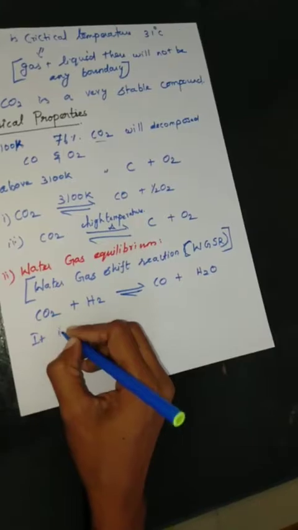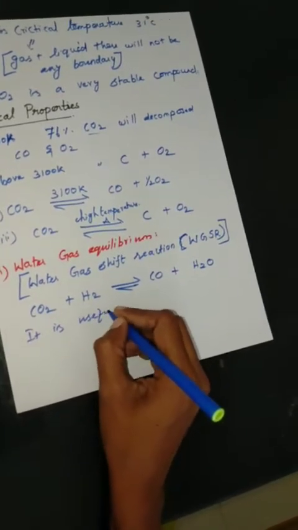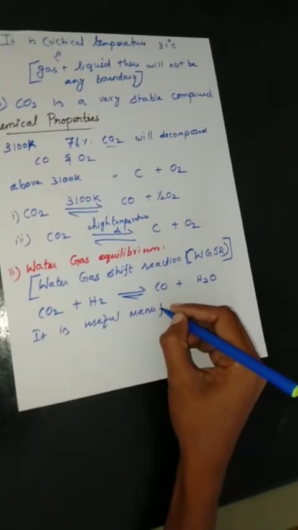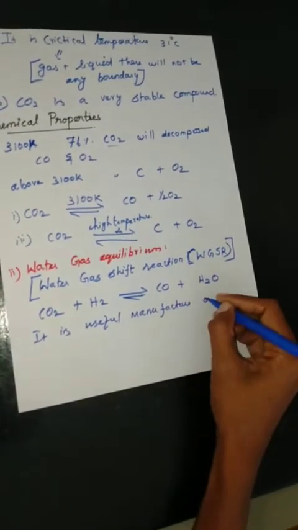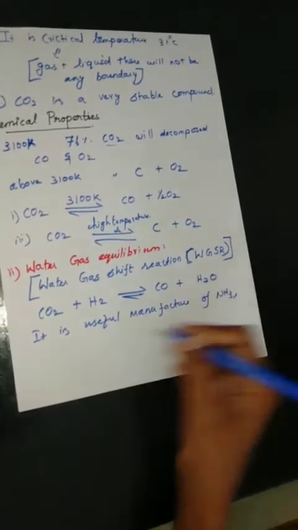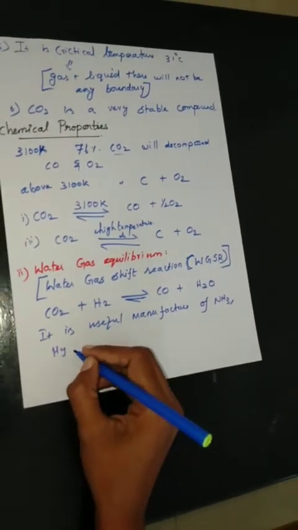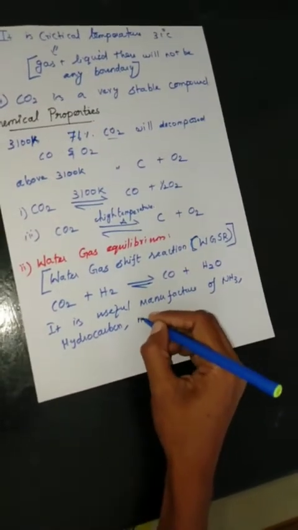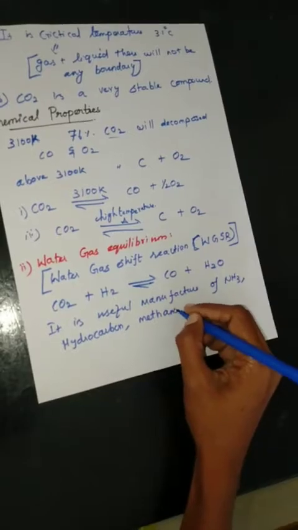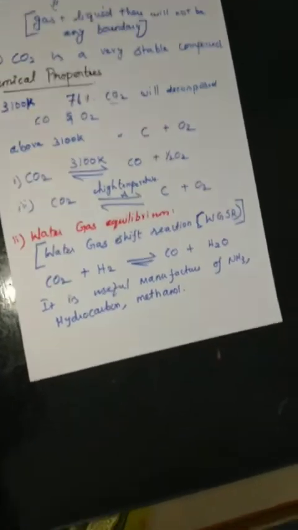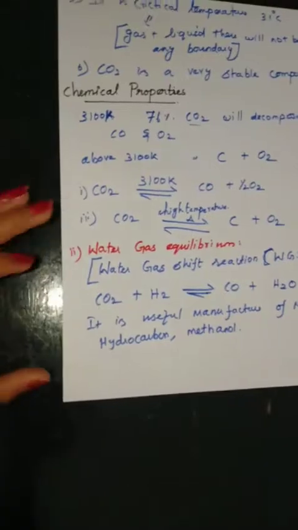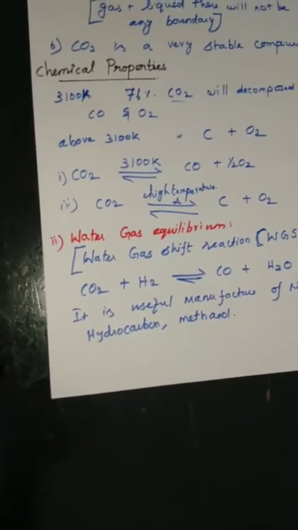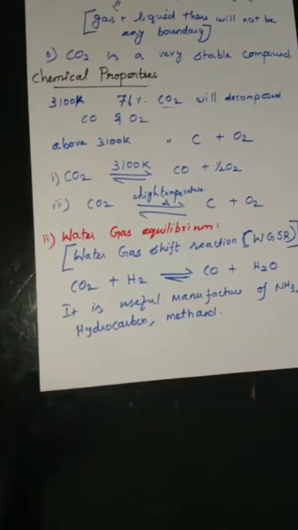It is useful for the manufacture of ammonia, hydrocarbons and methanol. These equations are used in those manufacturing processes.